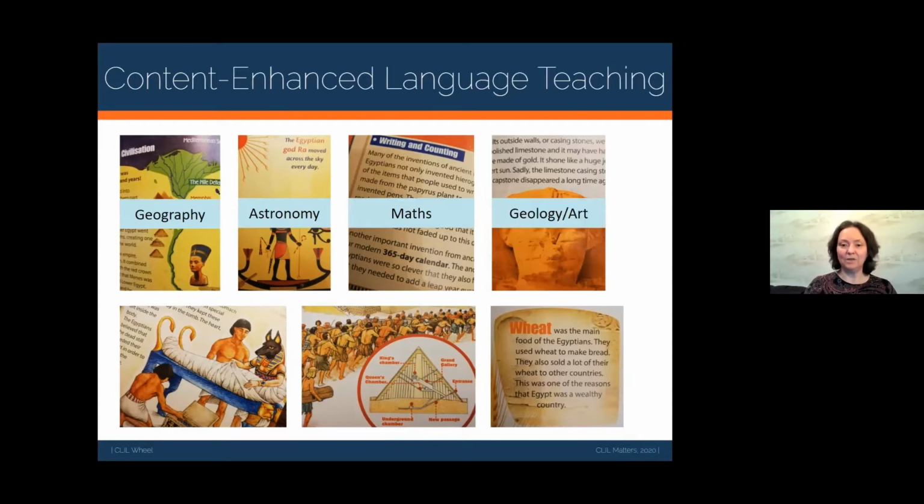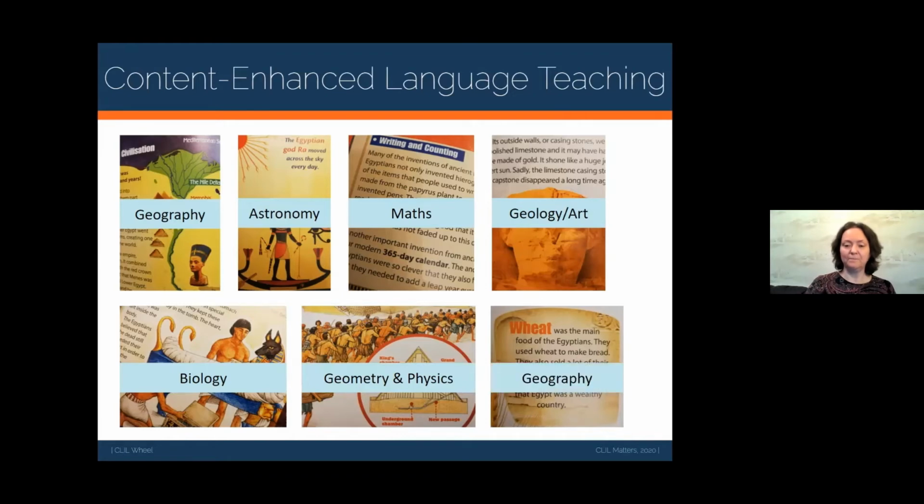Talking about the Sphinx, limestone, okay, so geology, but also art. Mummification, that's biology. Different organs, what do they do with different organs? Building pyramids, you can go into geometry, but also physics, like pulling objects.